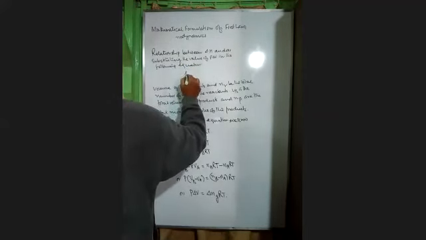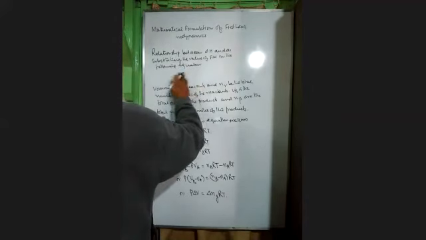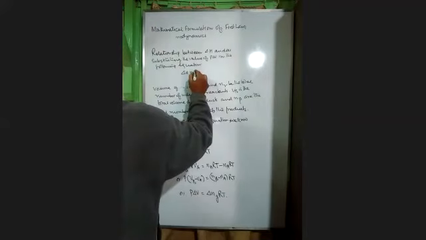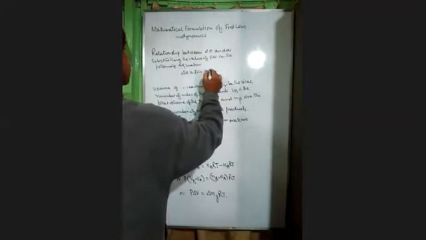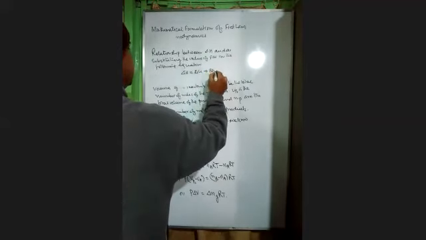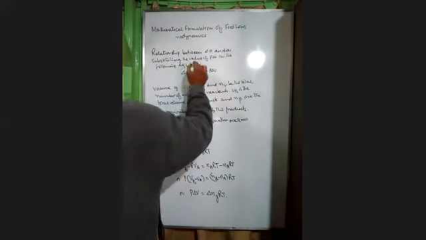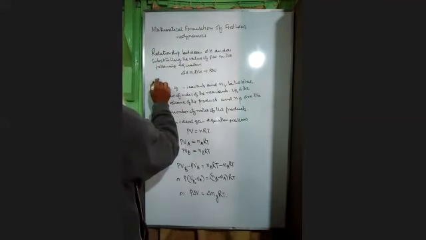We know delta H is equal to delta U plus P into delta V. What we can write now?